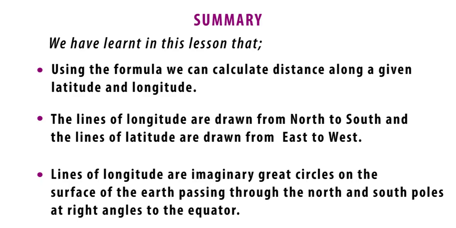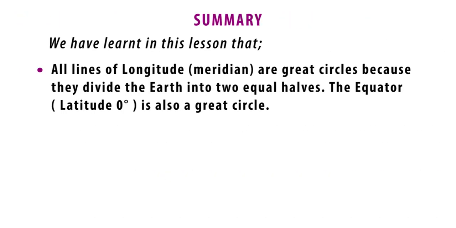We have also learned that lines of longitude are imaginary great circles on the surface of the earth, and these lines pass through the north and south poles at right angles to the equator. Also, all lines of longitude, that's the meridians, are great circles because they divide the earth into 2 equal halves. The equator, which is latitude 0 degrees, is also a great circle.